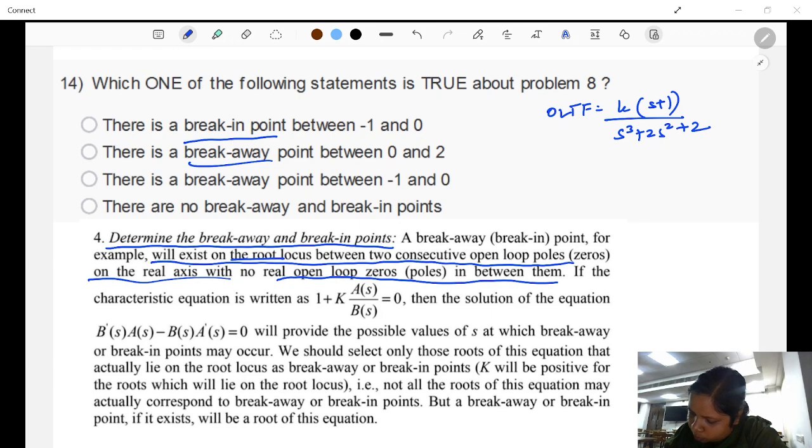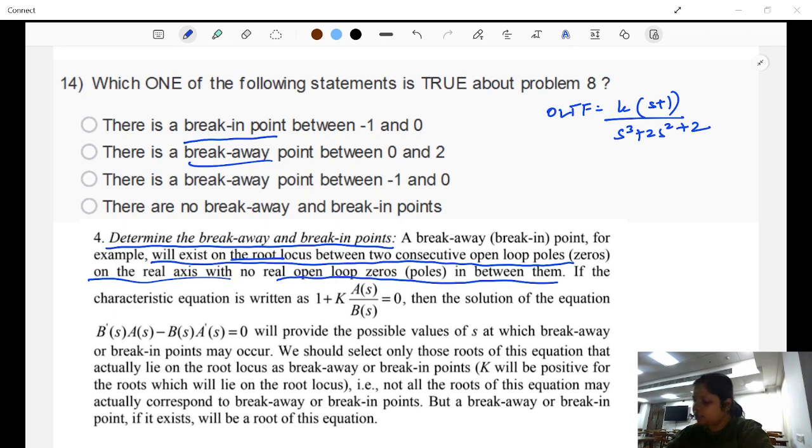So how does it happen? Is there any consecutive open loop pole or zero present here? There should not be anything between them. There should be at least two poles together or two zeros together without any pole or zero in between.